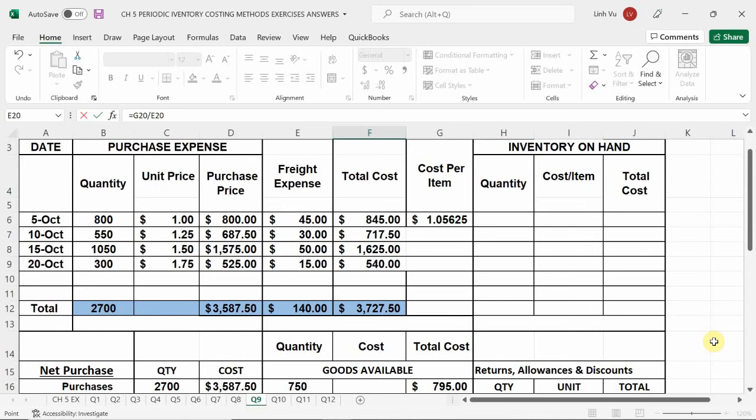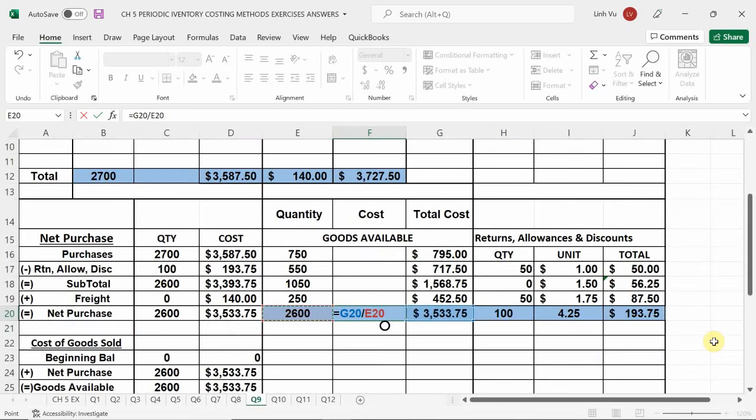I need to find a price point that's straight in the middle. Okay, so that's what I got to do. I got to find the average. So in this case, I'm going to take my grand total cost of $3,533.75, and I'm going to divide it across my total quantity of 2,600 units. So in this case, what is my average cost per item?